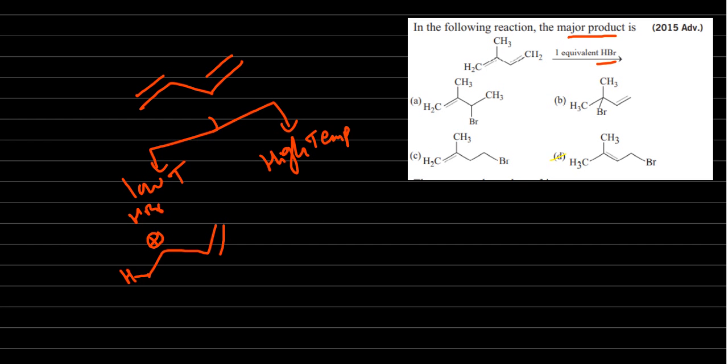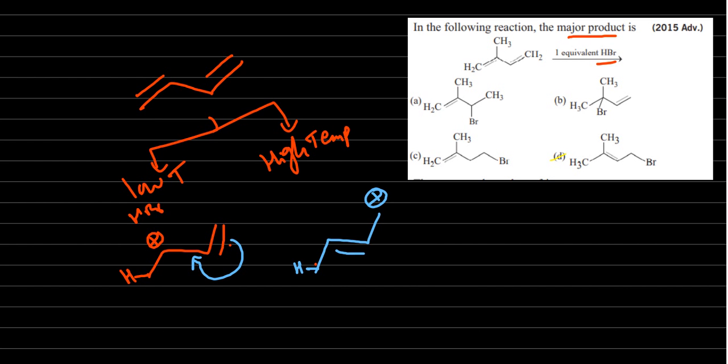Okay. Now this is one carbocation, and the next option is there. Suppose it is rearranged, then the carbocation is here. So this hydrogen already is there, right? Here the double bond.